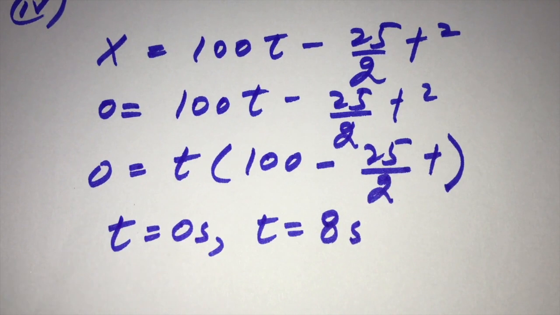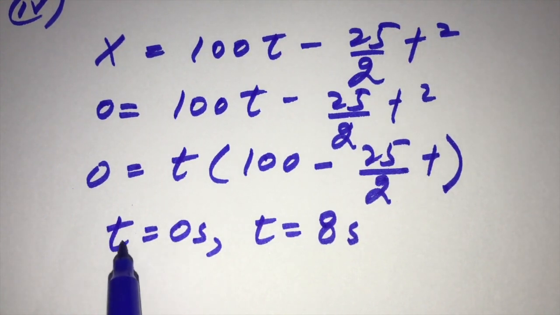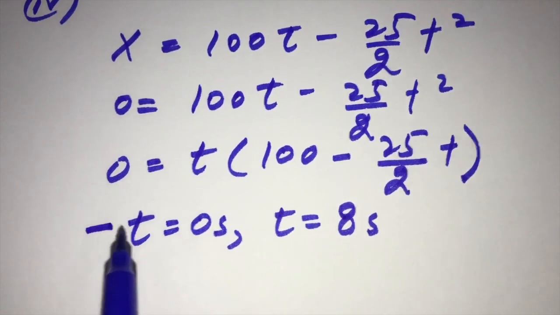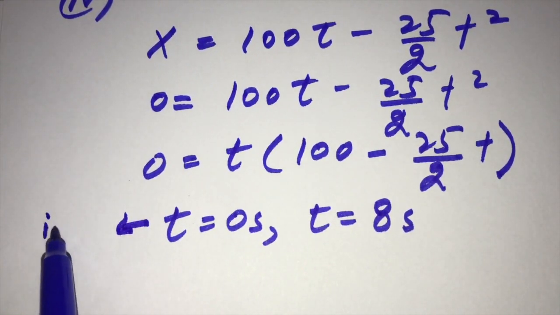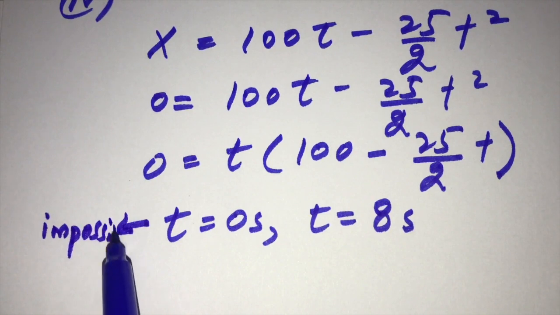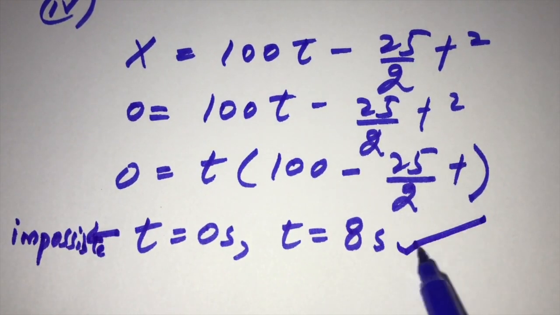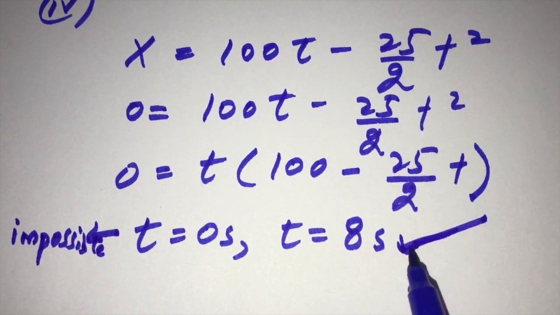But the time can never be equal to 0, because as it covers some path, it must require some time to cover that path. So we ignore this because it is impossible. So we take t is equal to 8 seconds as our answer.